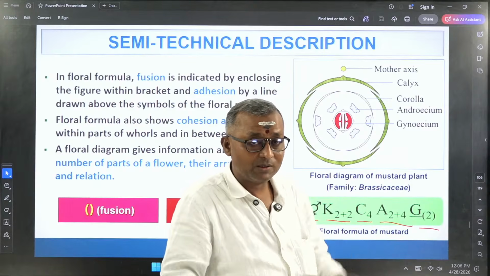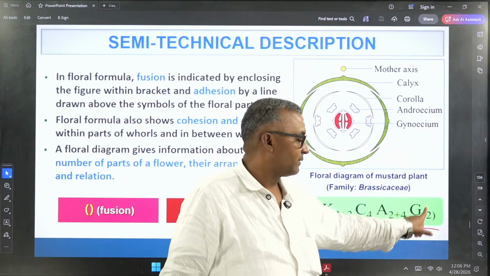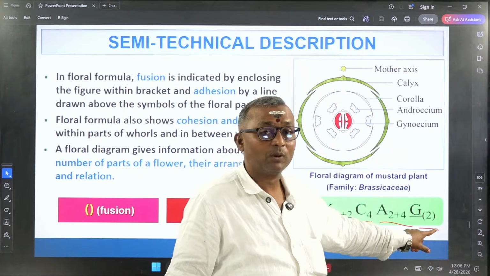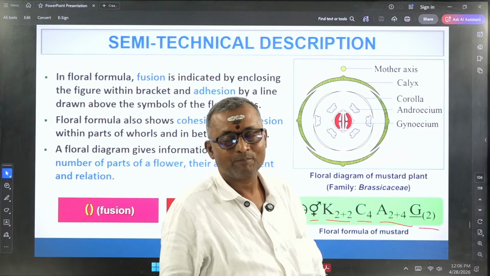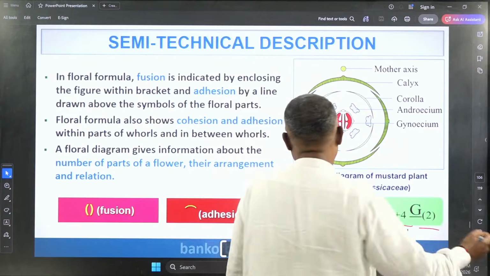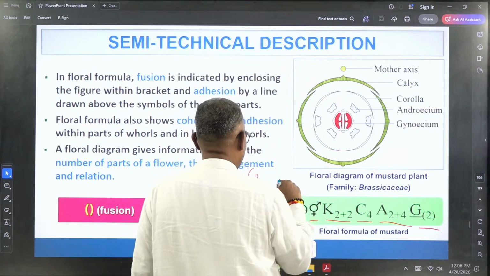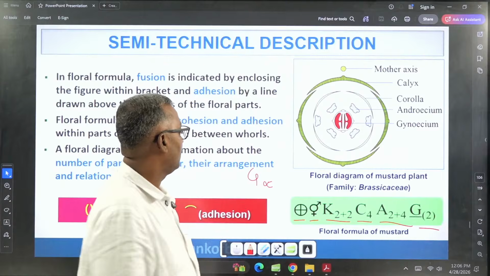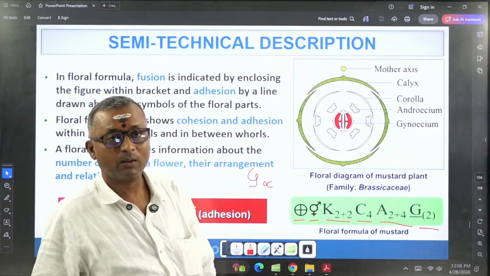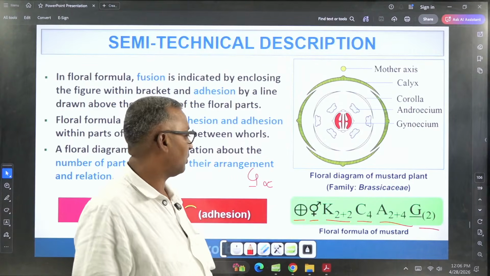If all the carpels are fused, what do you call that fused condition of carpels? Syncarpous. So if there is syncarpous, then we have to keep this digit inside the bracket. If it is apocarpous, say it has many carpels and all the carpels are free, we have to write G infinity without bracket.